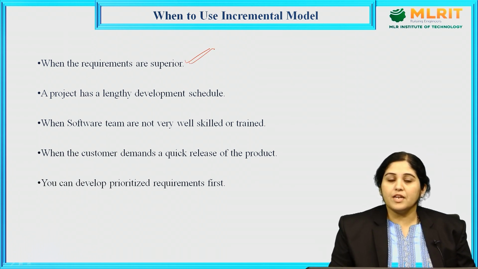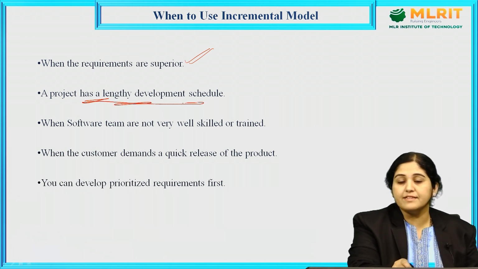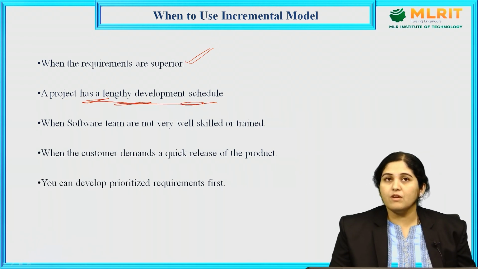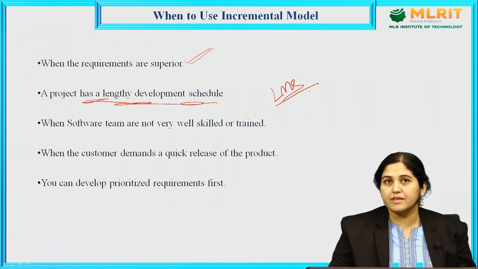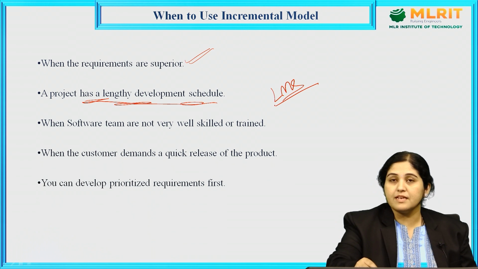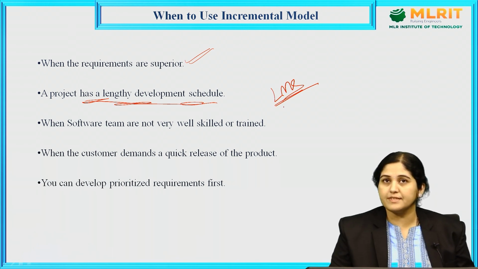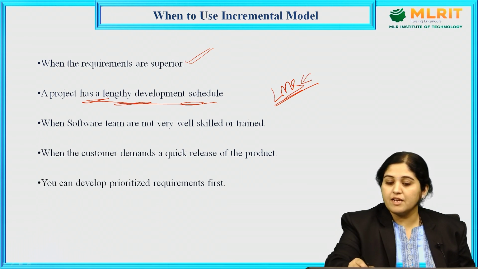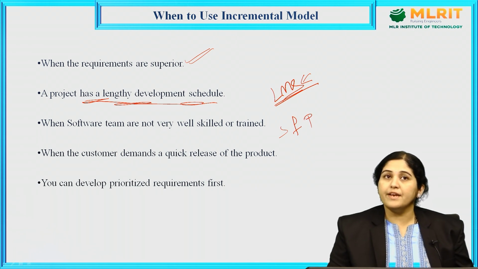Next, they are telling us to use the incremental model whenever the project has a lengthy development schedule. Lengthy development schedule means, for example, we have taken an LMS as our real-time example, correct? So LMS is a big application. Even now, whether some features are present or not, we can add extra features. We can use it for a student, for a faculty, for a placement department, for any of the learning process.